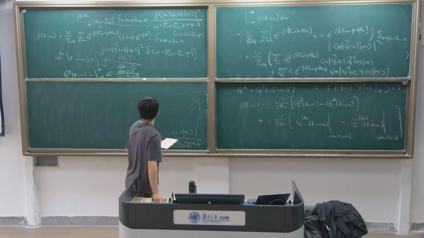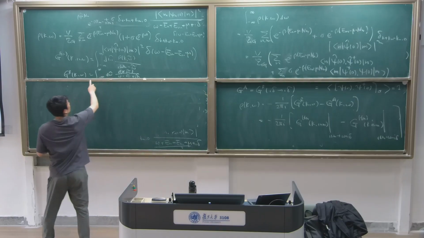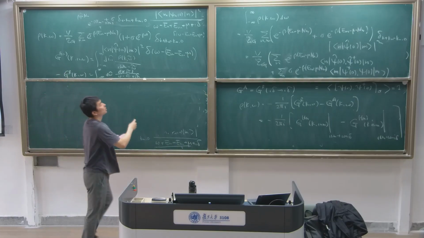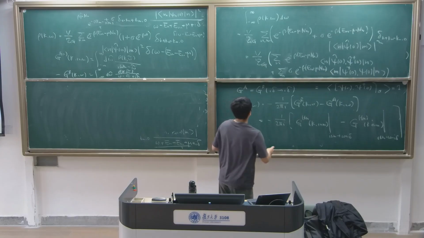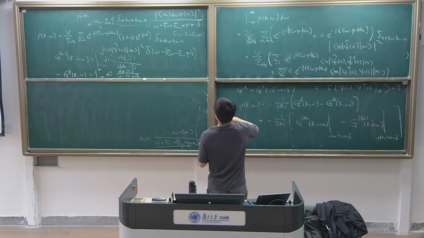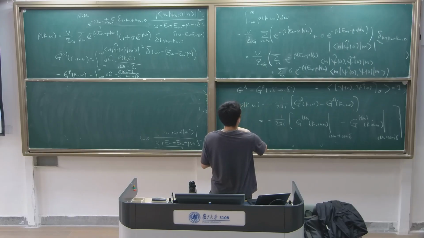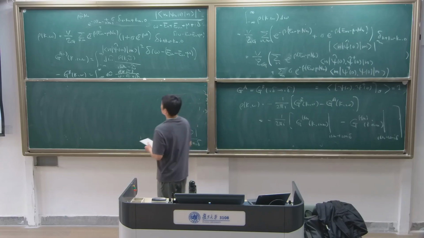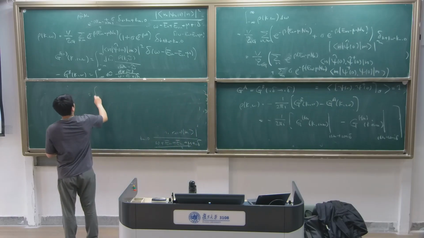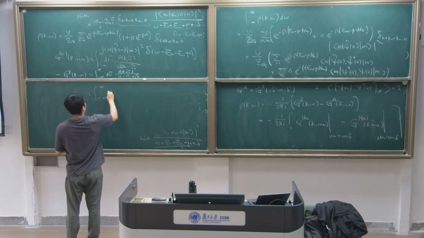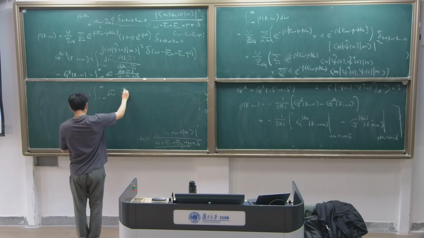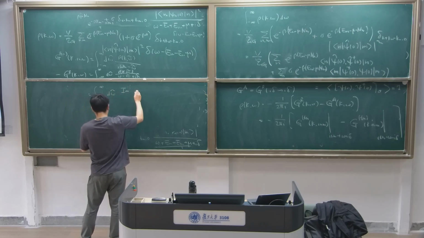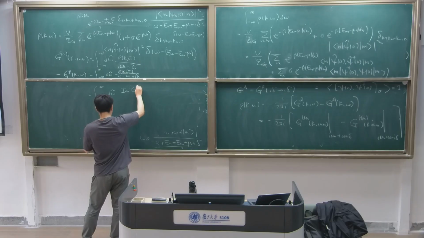Oh, okay. So if you use this relation, and then this relation, somehow you get rho of k. So this is equal to the integral from minus infinity to infinity of d omega over 2 pi of the imaginary part of the GR.